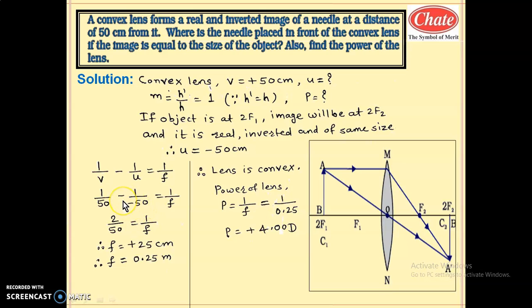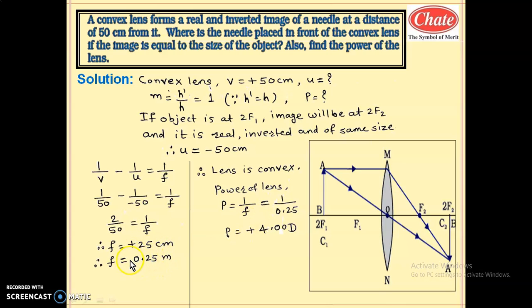Minus minus becomes plus, so 2 by 50 equal to 1 by F. Hence F equal to plus 25 centimeter. In meter, dividing by 100, the focal length is plus 0.25 meter.